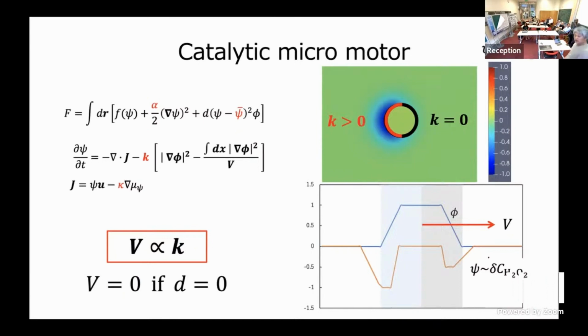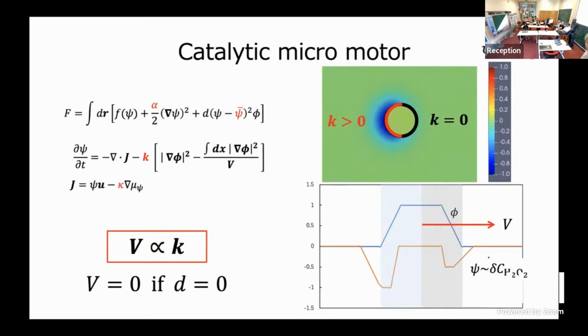There was a big discussion on this kind of system in PRL: whether or not osmotic pressure can drive the system. Of course not. This term represents the chemical affinity of the particle with some component of the system.